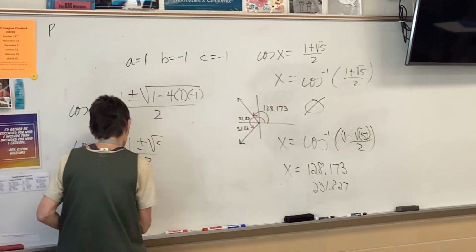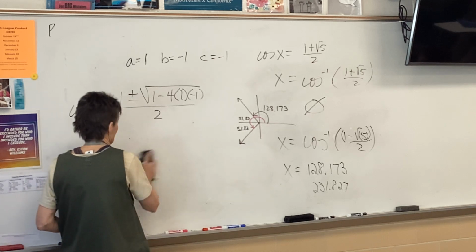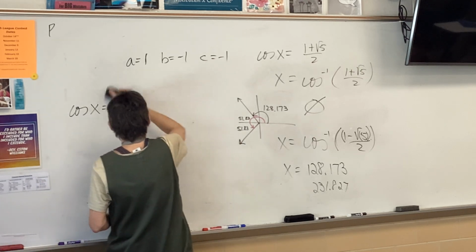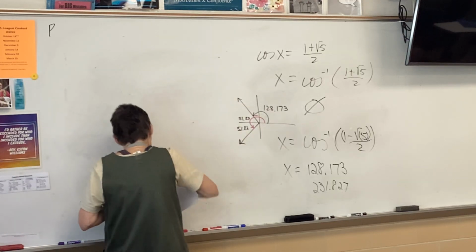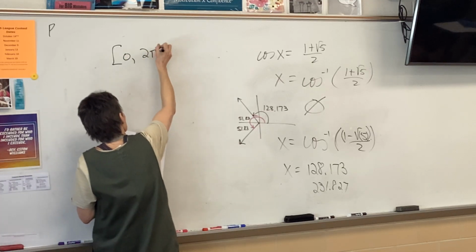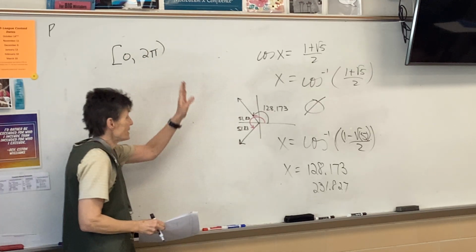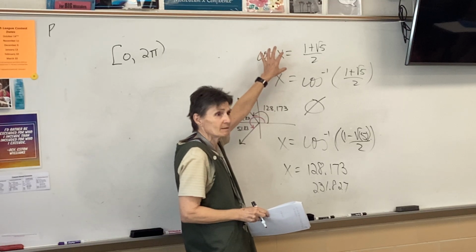How do I know that problem 4 is in radians? Look at the directions for problem 4. I erased them, but these directions were 0 to 360.